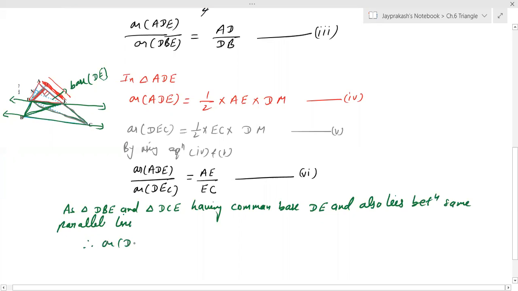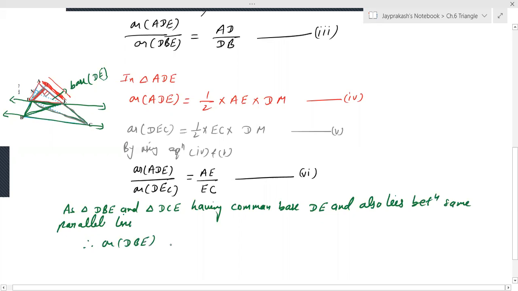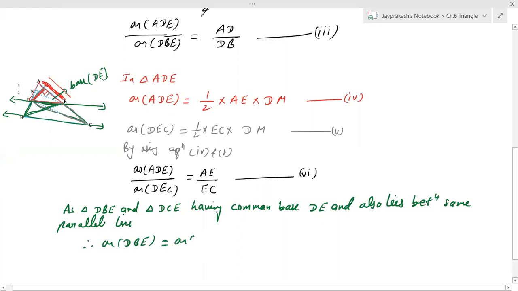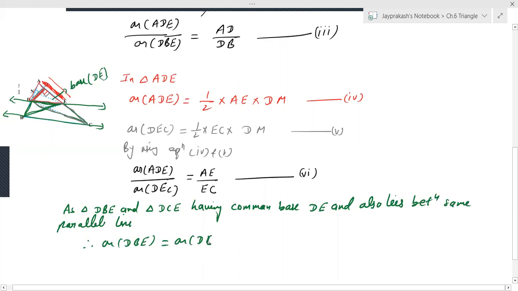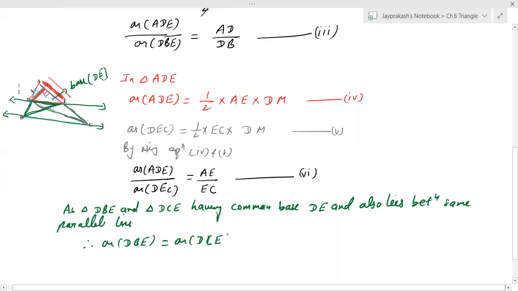Therefore, area of DBE is equal to area of DCE. This theorem we have studied in class 9th. Whenever two triangles have the same base and lie between the same parallel lines, the areas of the two triangles are equal. Now if we look at equation number 3, this one.